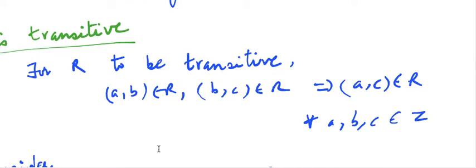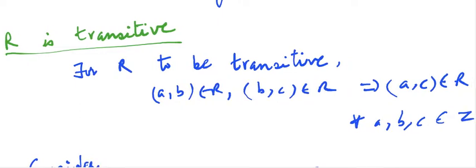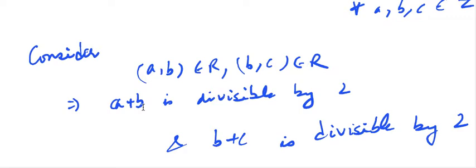Then we have to check R is transitive. By the definition of transitive relation, if we have two ordered pairs (a, b) belonging to R and (b, c) belonging to R, then (a, c) belongs to R for all a, b, c belonging to Z. So we will take the given part: let (a, b) belong to R and (b, c) belong to R. By the definition of R as given in the question, when (a, b) belongs to R, a plus b will be divisible by 2.